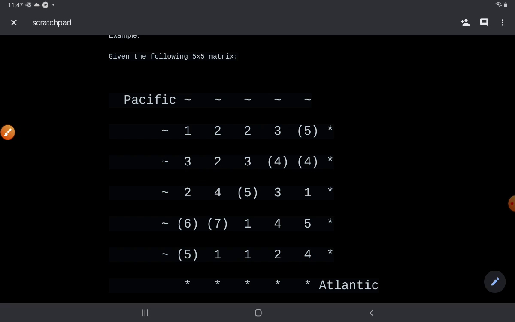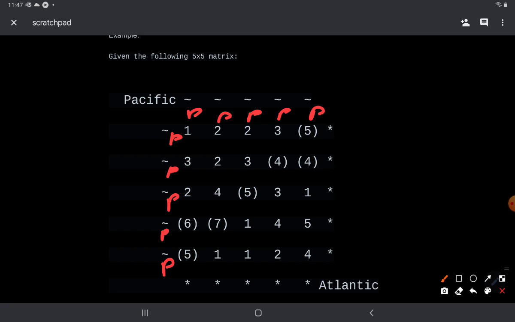A simple approach to go about this is to adopt a BFS based approach. Although it can be optimized, I will discuss a simple way of doing it. First of all, we do a BFS for the Pacific Ocean. We know that all these cells are accessible from Pacific.